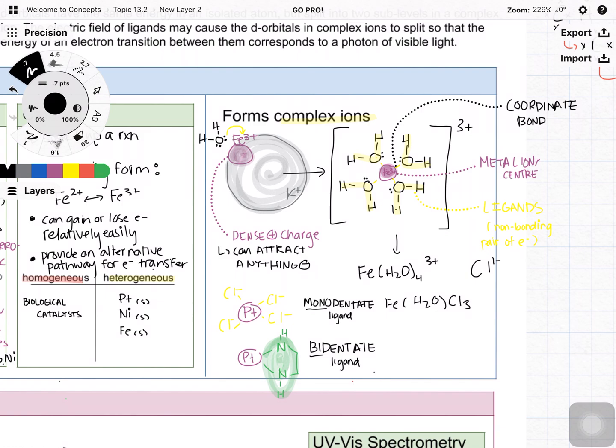A monodentate ligand, which is where we have our ligands that are only bonded once to our central metal ion. We can also have a bidentate ligand, which is where our negatively charged or electron containing ligands are bonded twice. So the same ligand is bonded twice to a metal ion center.